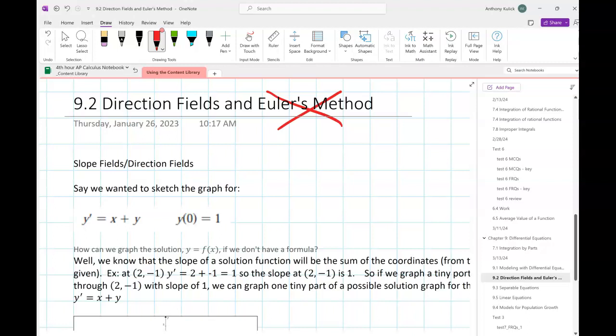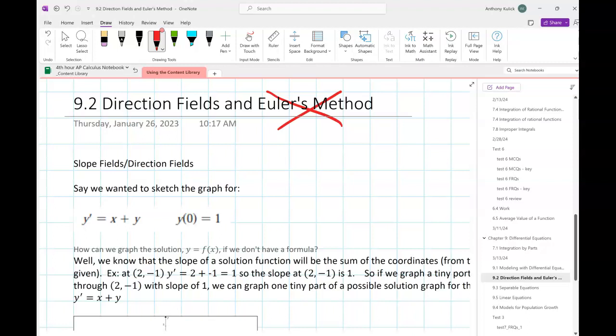So for example, at the point (0, 1), the slope should be 1. At the point (2, -2), the slope should be 0, right? You guys kind of get the idea?